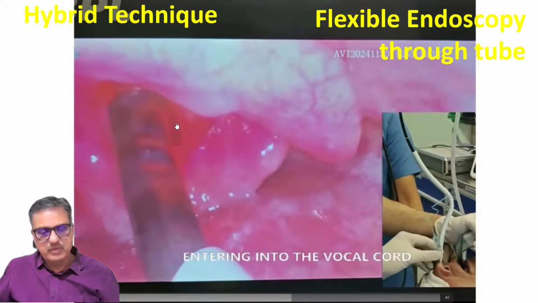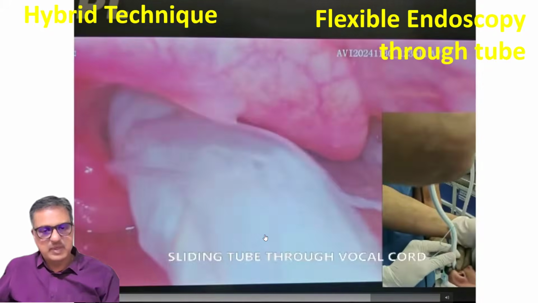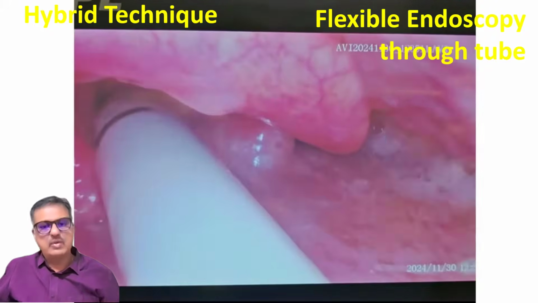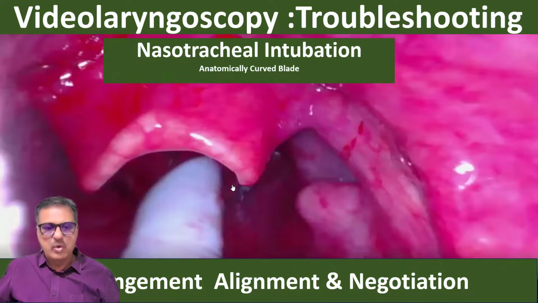This is the videolaryngoscopic view. And over the flexible endoscope, rail the endotracheal tube inside the larynx. This is how you can overcome the different troubles with nasotracheal intubation.